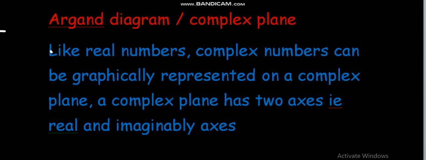An Argand diagram has two axes: the real axis, and the imaginary axis, which is the Im axis.